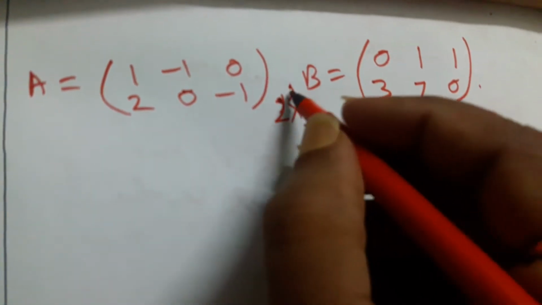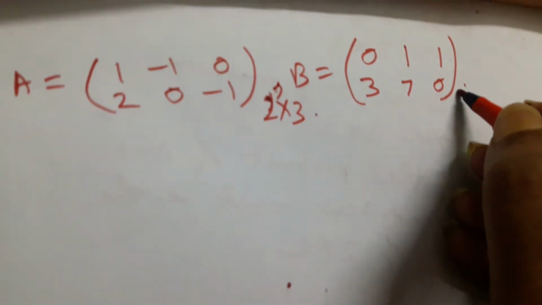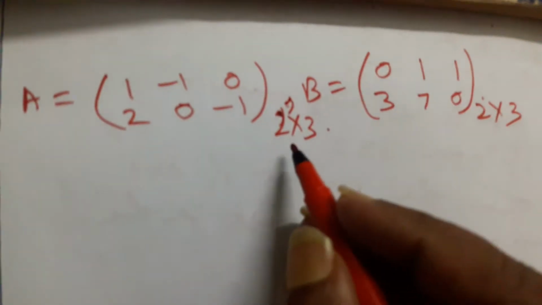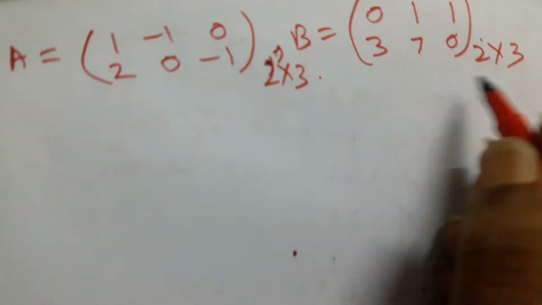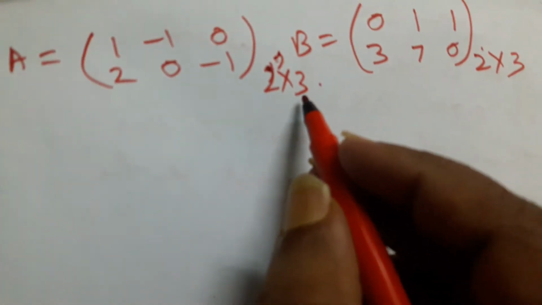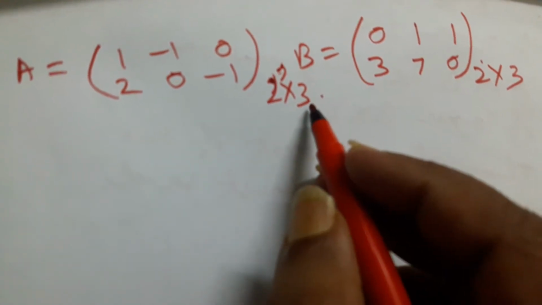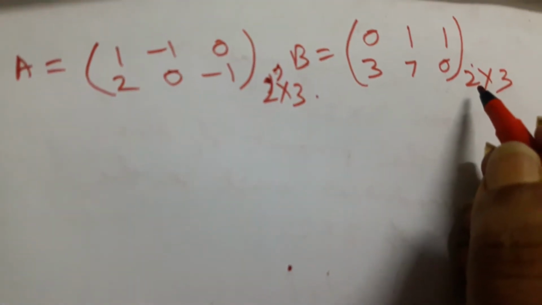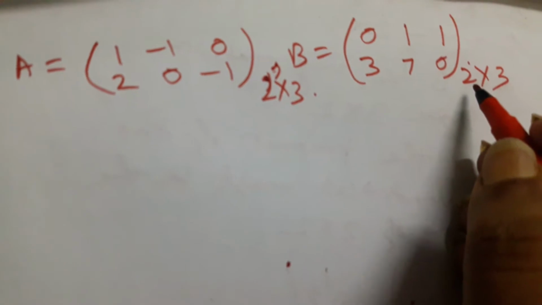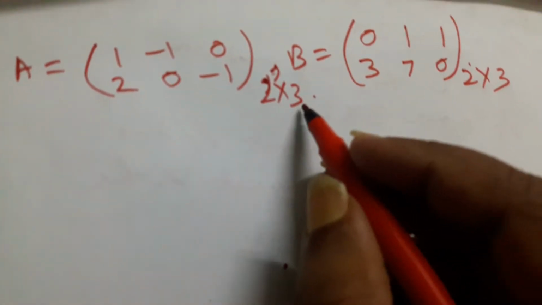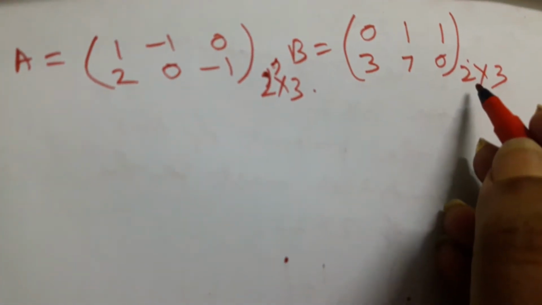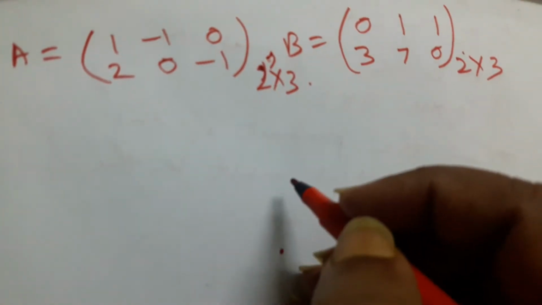But if we consider these two matrices, the product is not possible because the number of columns of A is 3 but the number of rows of B is 2, so the number of columns is not equal to the number of rows, and the product is not possible.